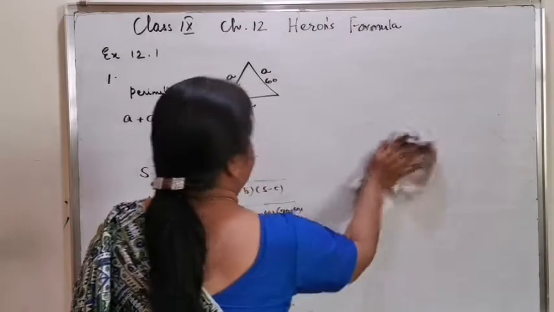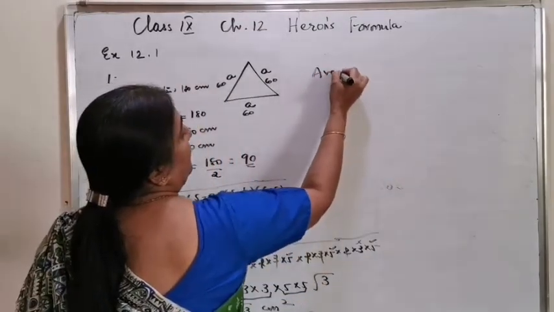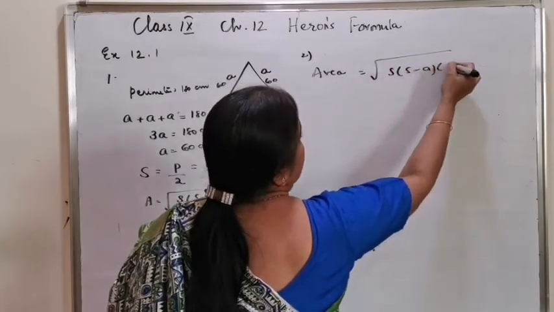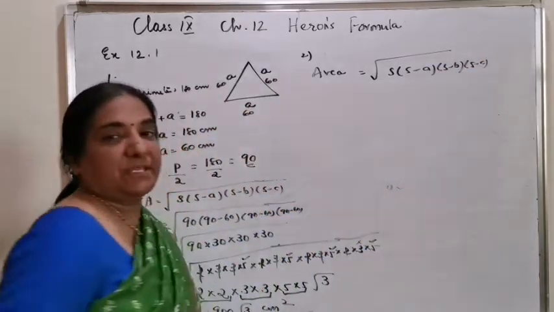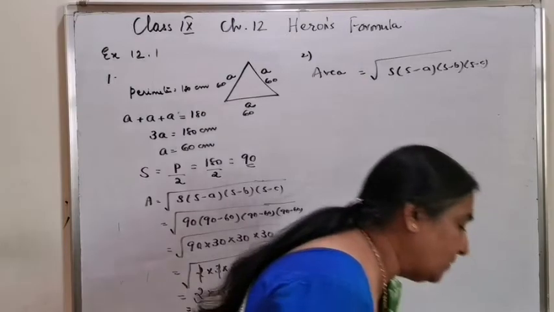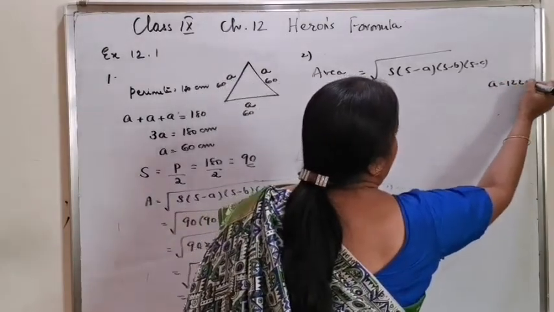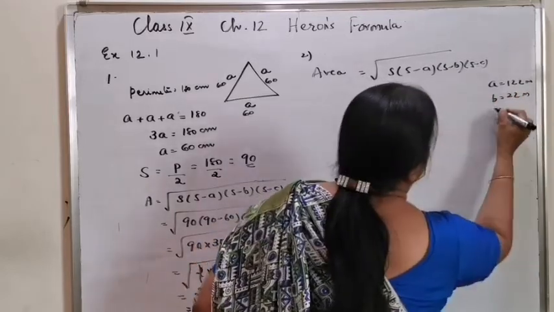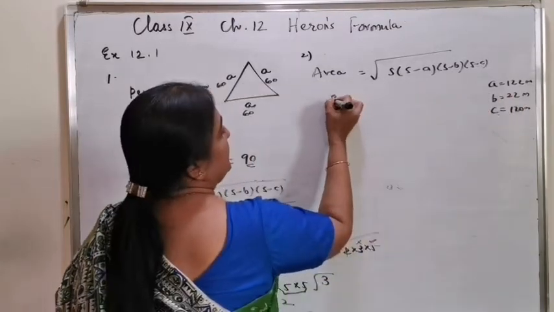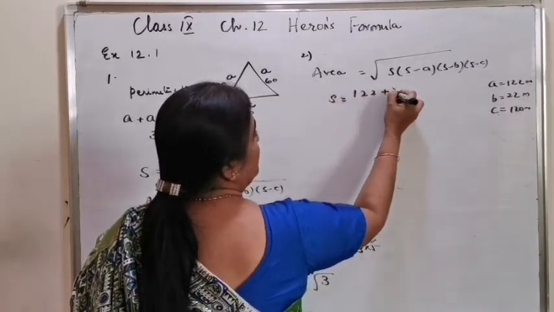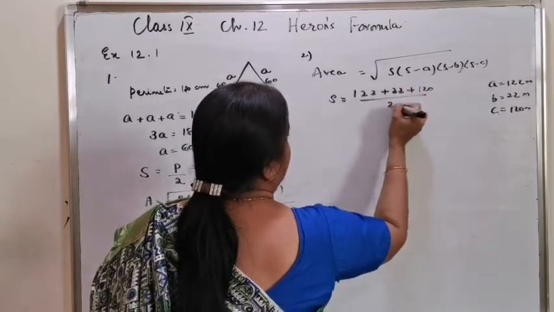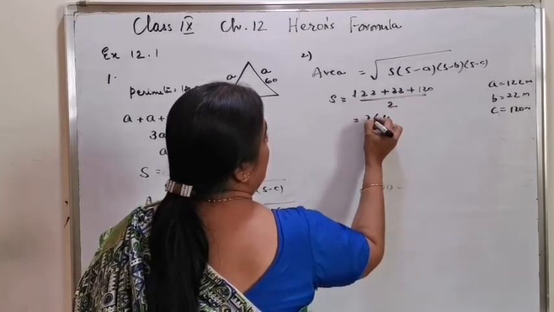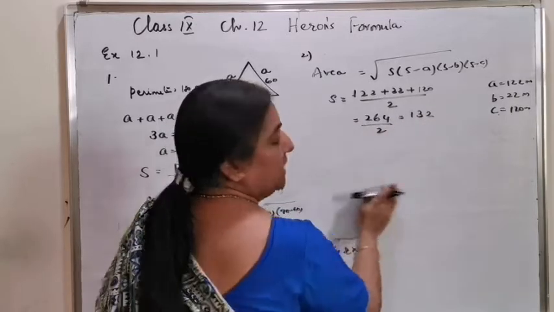So area is equal to square root of S into S minus A, S minus B, S minus C. The values of A, B, C are 122, then 22, and C value is 120, which shows that semi-perimeter is 122 plus 22 plus 120 divided by 2. 2 plus 2, 4, 4 plus 2, 6. 1 plus 1, 2 by 2 is 132.